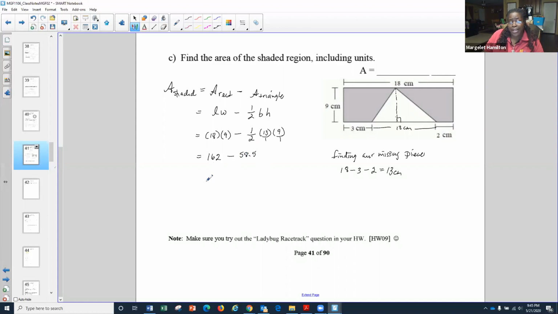Now subtract. Okay, what are we getting? Okay, so we get 103.5. Remember, our dimensions is centimeters. We're talking about area, so centimeters squared. So 103.5 centimeters squared.